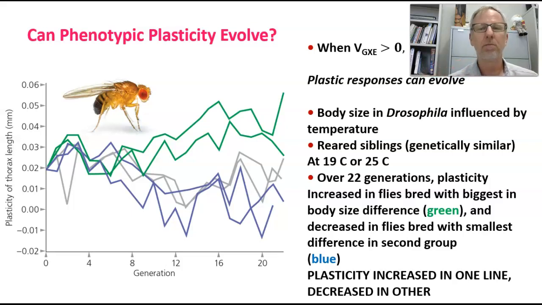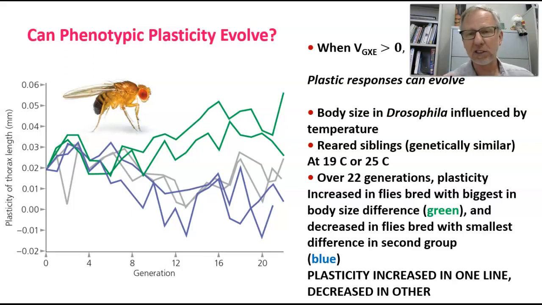So siblings were raised at either 19 degrees Celsius or 25 degrees Celsius. Of course, the siblings are genetically similar. So siblings from different families were raised at either 19 degrees or 25 degrees.